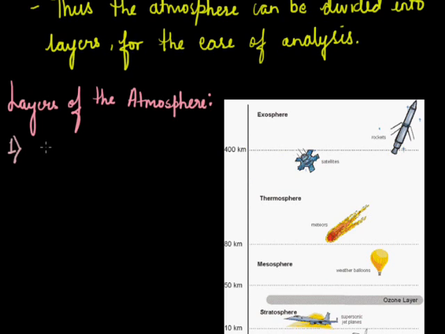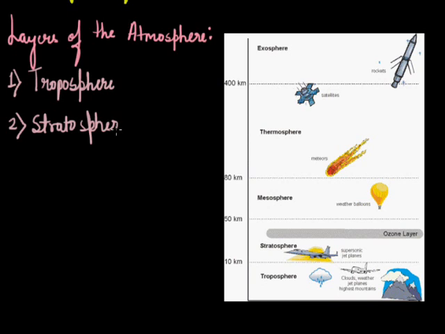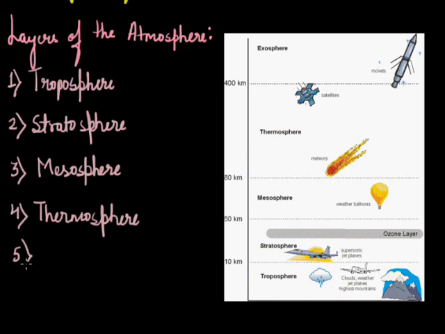The first and foremost layer, starting from the closest to the surface, is the troposphere. Then we have stratosphere, mesosphere, thermosphere, and finally the last layer, exosphere.